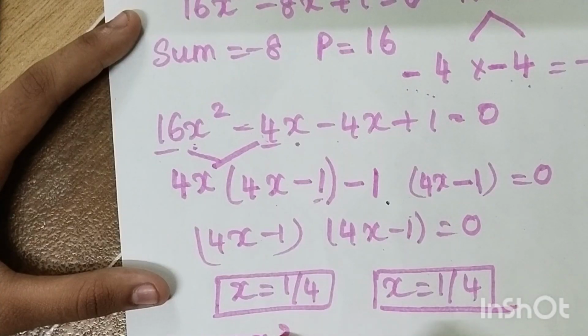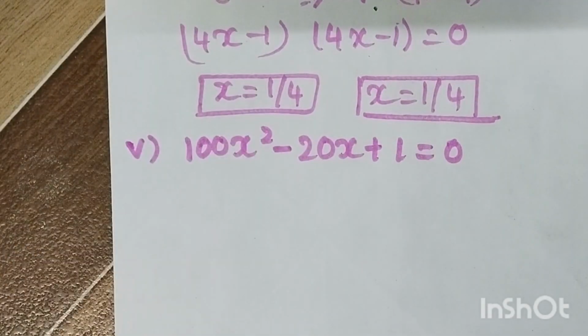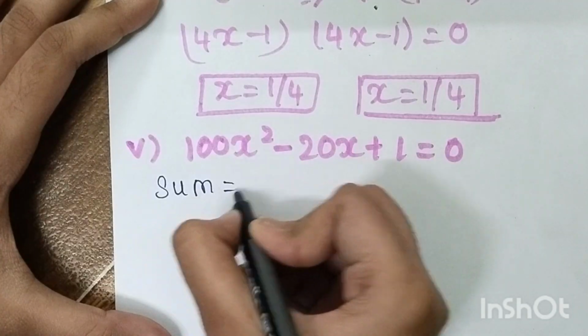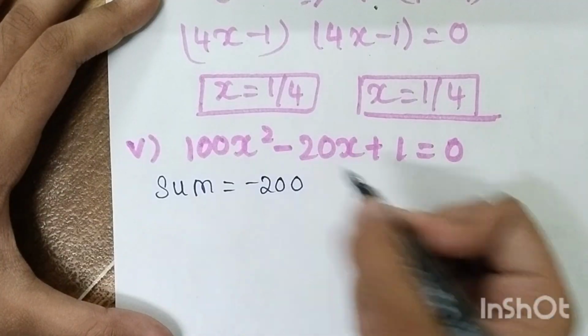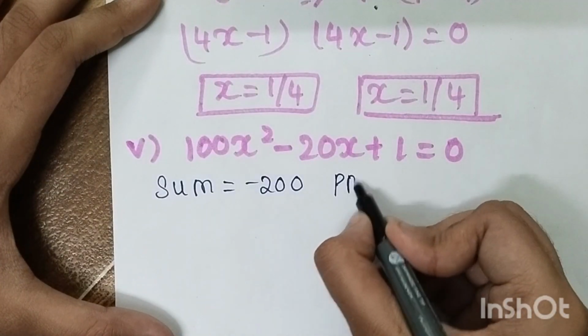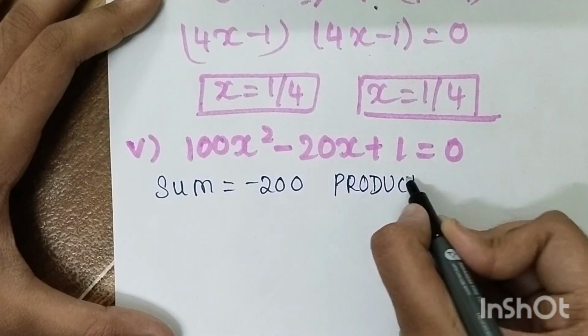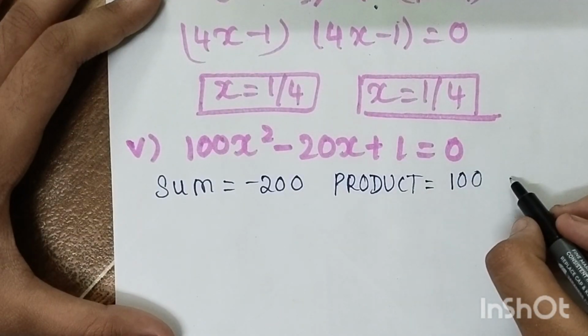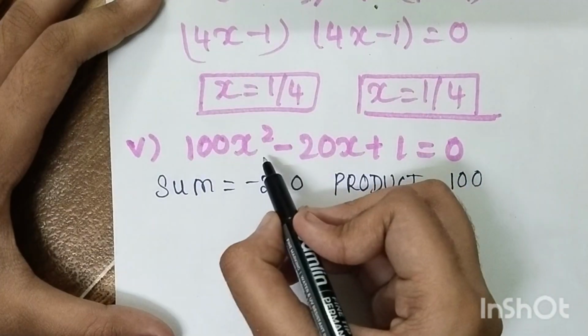100x² − 20x + 1 = 0. Okay. So here my sum is −20 and my product is +100.